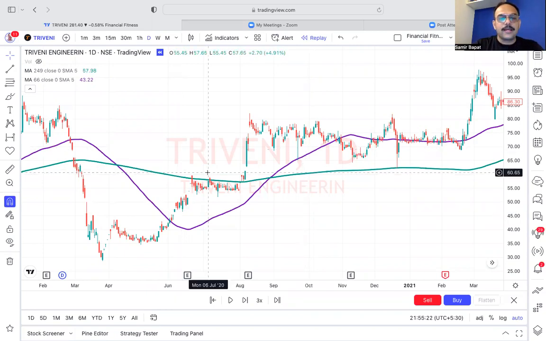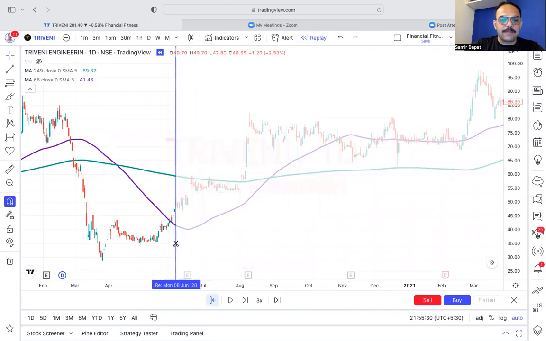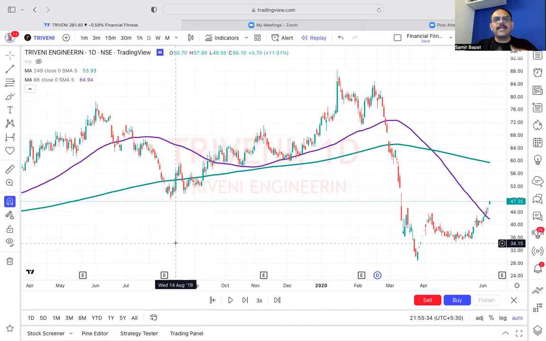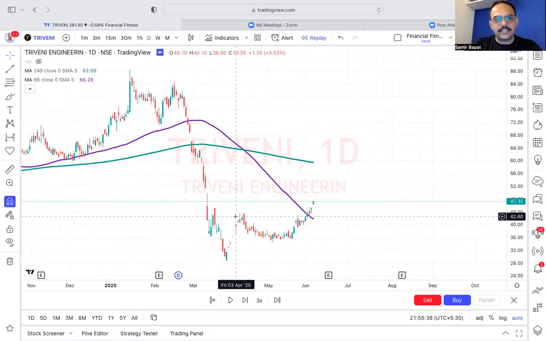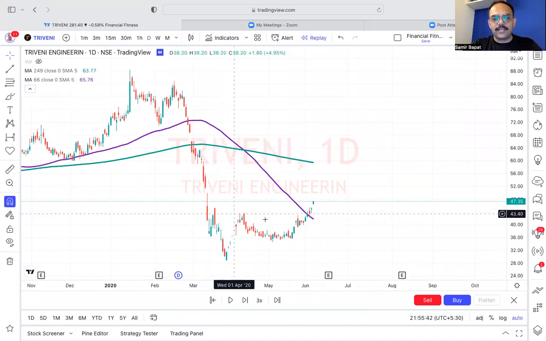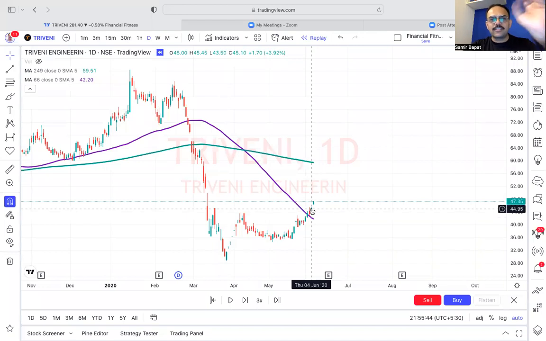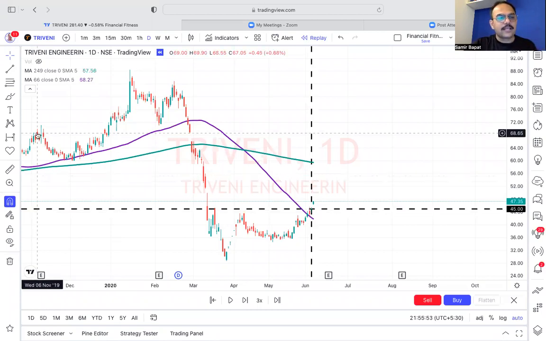Okay. Now I am putting two indicators together, which is the 66-day moving average and the 249-day moving average. When the price crossed, I invested 5,000, which is 5% of my total capital. Okay, so I invest here.